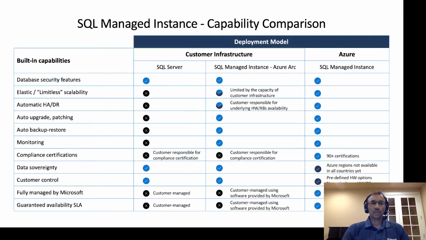Now we look at some of the capabilities in SQL managed instance with respect to other offerings. In this table, we are looking at three offerings: SQL Server, which is your standalone SQL instance, the SQL managed instance, which is deployed in Azure Arc, and your managed instance up in the cloud, in Azure.